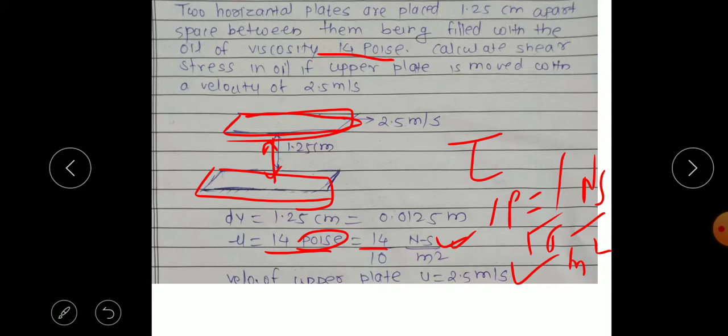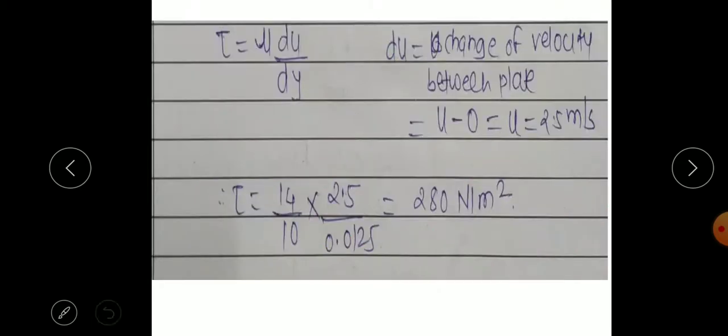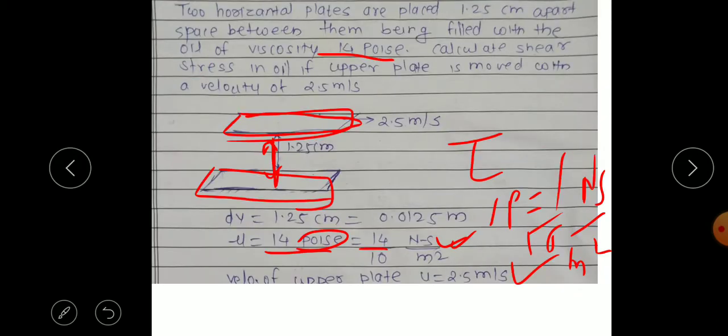So gap between this is 1.25 centimeter. So again, using shear stress is equal to mu du by dy. The change of the velocity you can assume linear. So upper plate is moving with velocity u and bottom plate is stationary. In that case, we get du, change in velocity, as 2.5, and dy is the gap between the two plates, that is 1.25 centimeter.